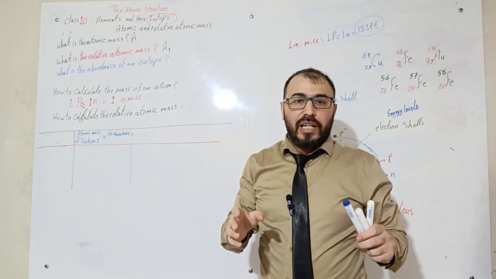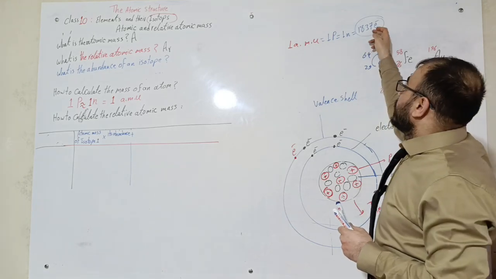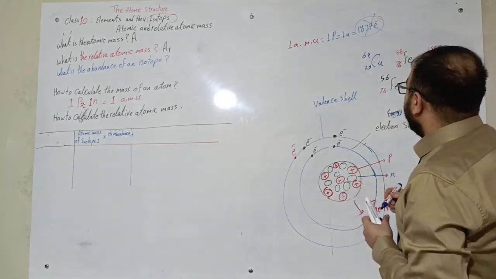Because the mass of an electron is very, very small, it's allowed for us to exclude it from our calculations.